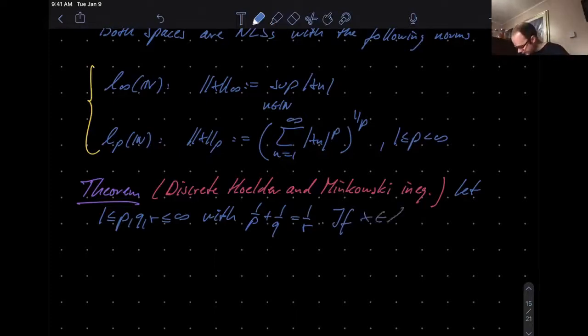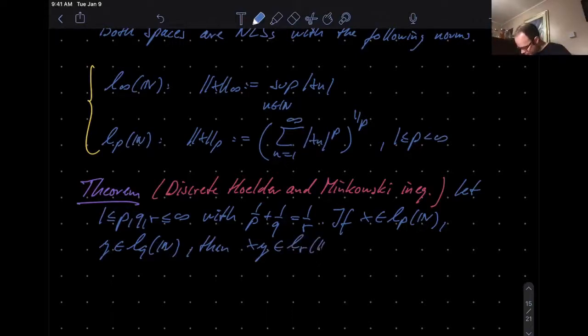So if x is a sequence in lp and y is a sequence in lq, then the product is in lr. This is not as obvious as the previous statement that if you have two continuous functions, the product is continuous. Here this requires some work, but nevertheless it is a consequence of Hölder's inequality after all.